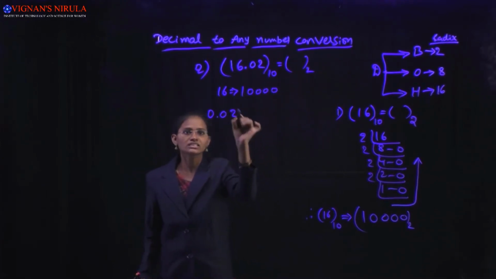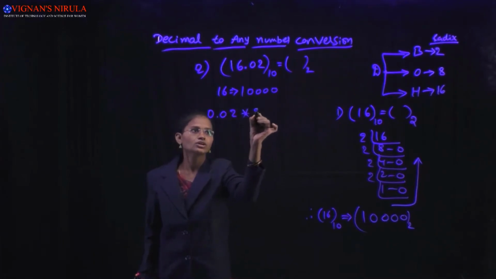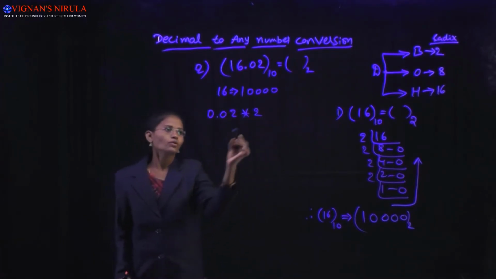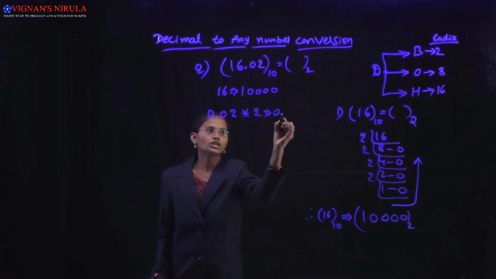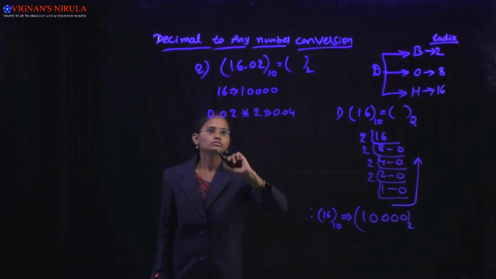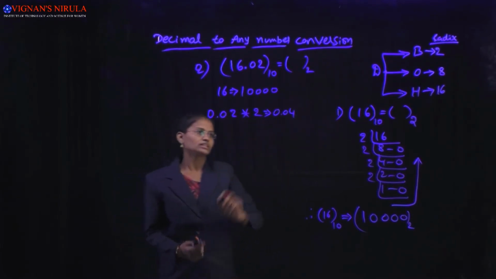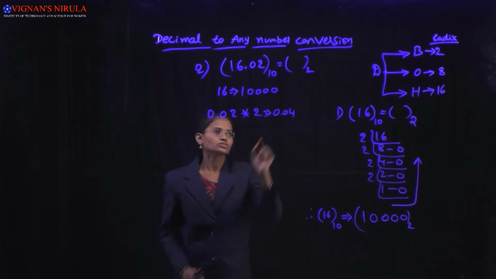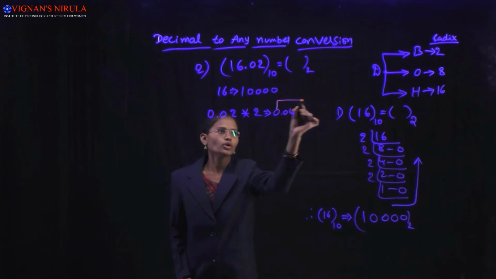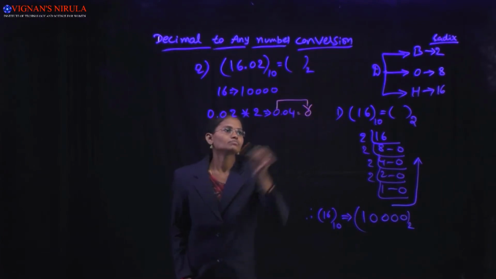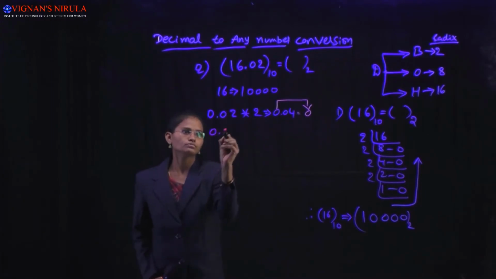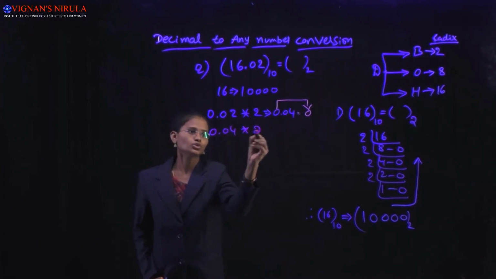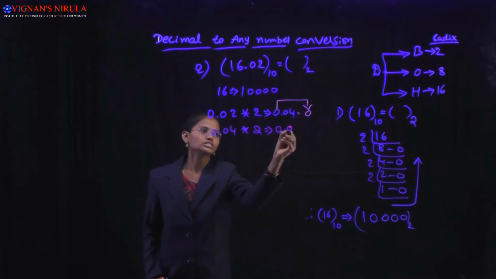Then this digit is multiplied with 2. That is 0.02 into 2, that is 0.04. Here there is no 1 before the point, so 0 is written down here. Again you perform 0.04 into 2, that is 0.08.